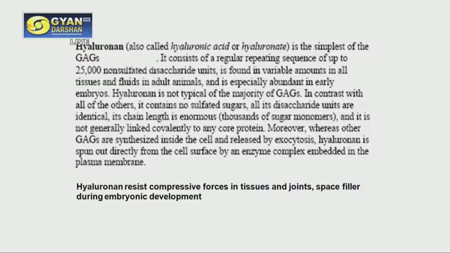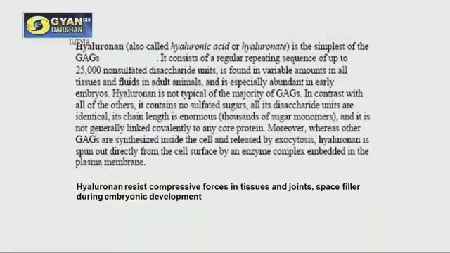And in contrast with all of the others, it contains no sulfated sugar. All its disaccharide units are identical. Its chain length is enormous, and it is not linked covalently to any core protein. So if somebody asks you what is the difference between hyaluronan and a typical glycosaminoglycan, your answer will contain 4 points.